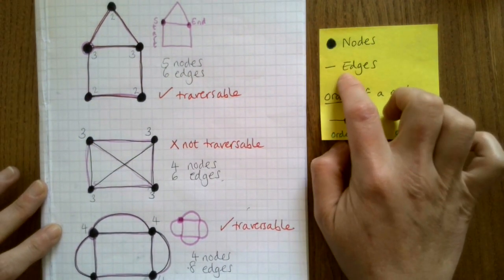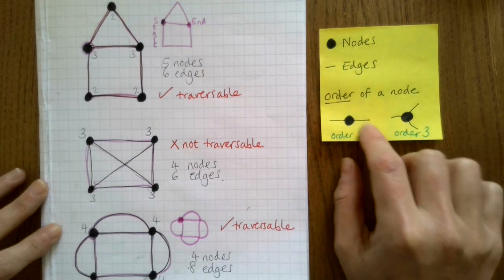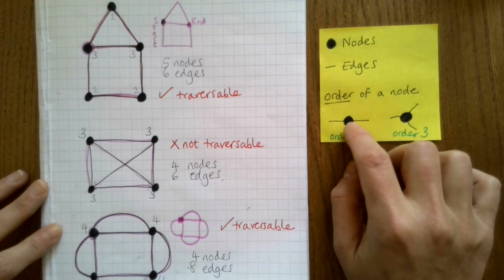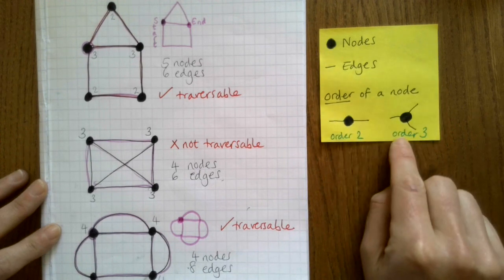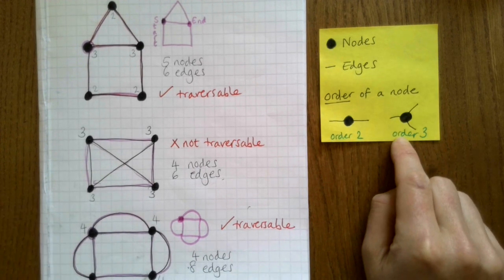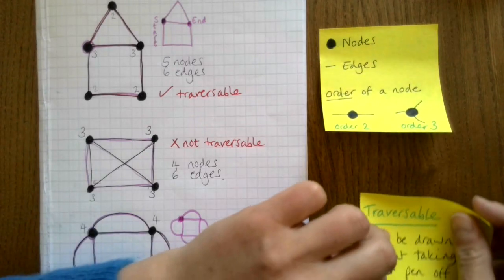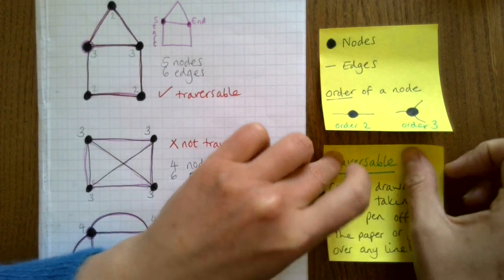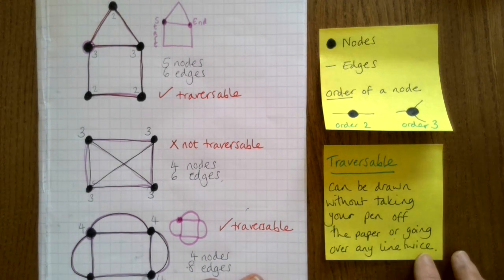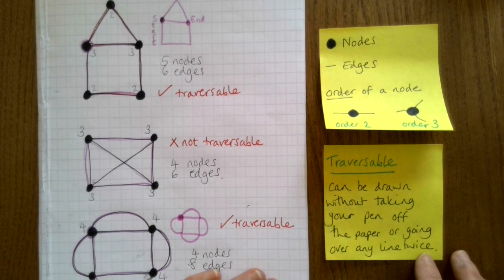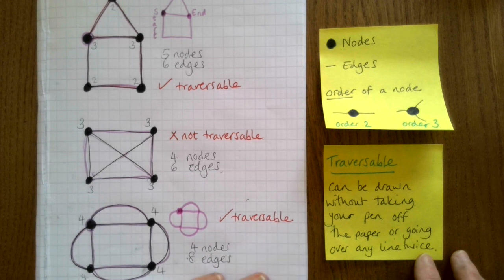The edges are the lines, and the order of a node is the number of lines coming out of the node. That one would have order 2, that one would have had order 3. And traversable means that it can be drawn without taking your pen off the paper or going over any line twice.